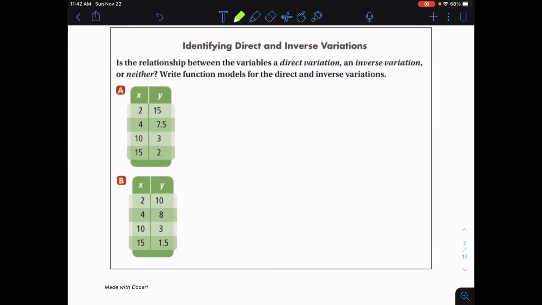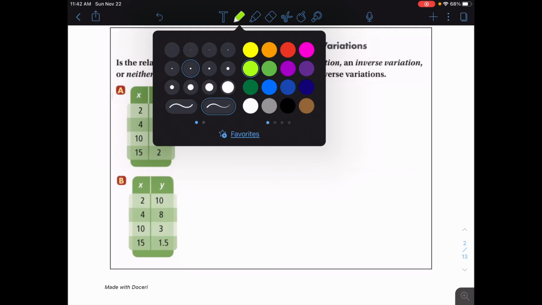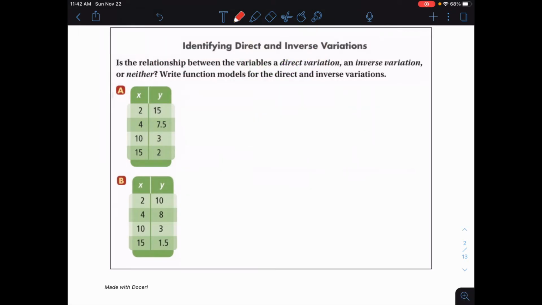So here we're just talking about identifying inverse and direct variation. The easiest way to do this is to compare your x and y. One of the things we just talked about is that your k value for inverse variation is k equals x times y, because we know that y equals k over x, which means we would have to divide by x. So to test, x times y in this case would be 30, so k would be 30. We're multiplying the 2 here, this is also 30.